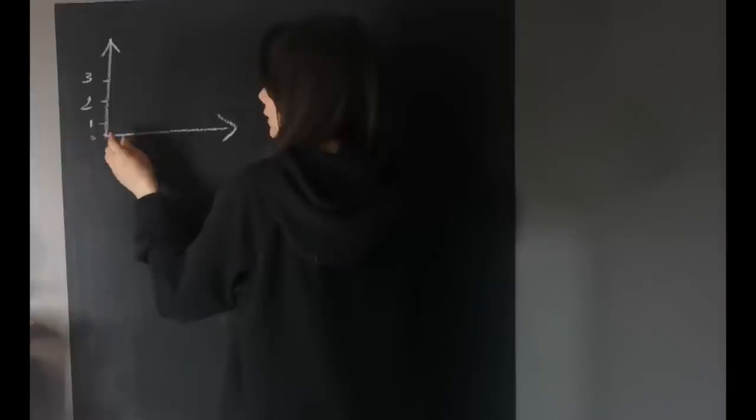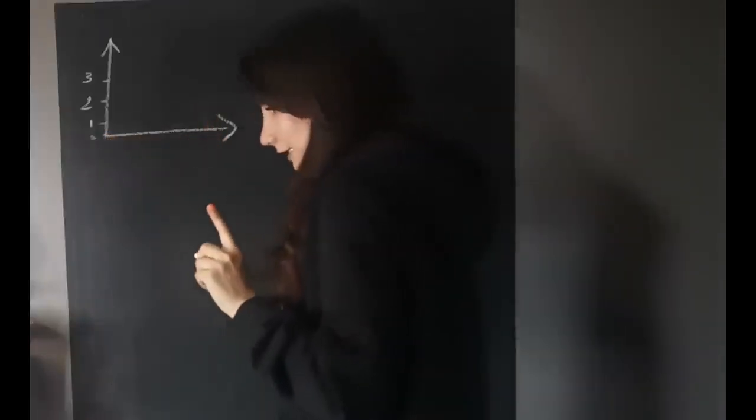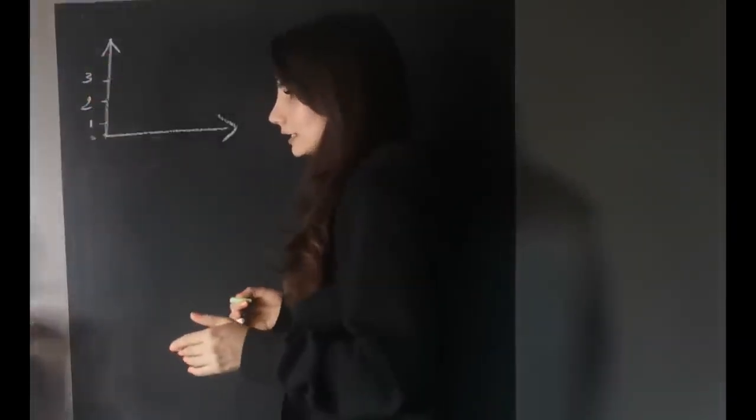Actually, hold on, I think it's a good idea for me to show 0 a little bit higher so you can actually see the line. So I have 0 here, 1, 2, 3, and then here I'm going to start from, for example, -2, and then 3. Now this is going to be ReLU.